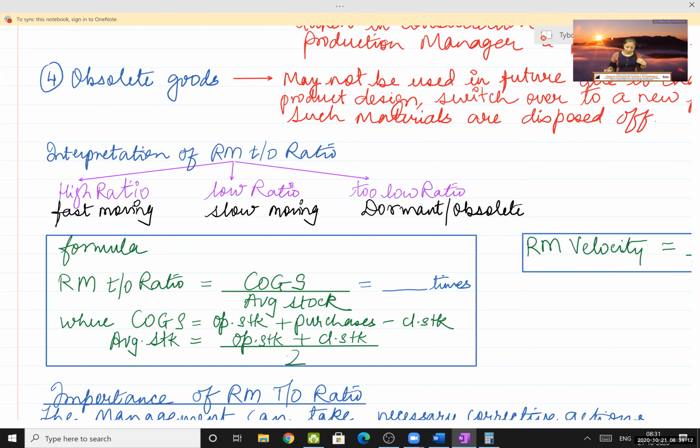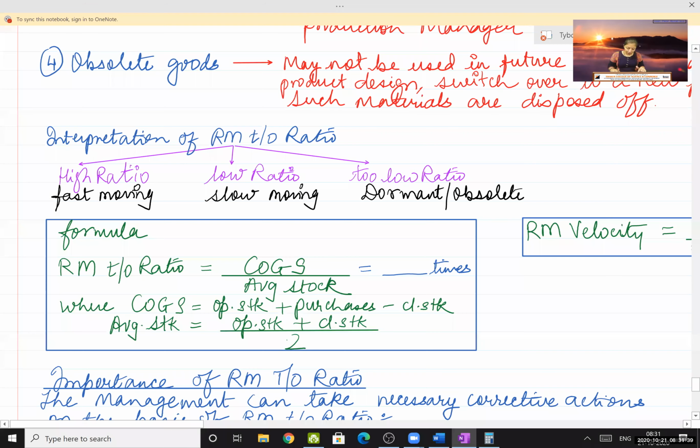But I just told you, I decide this on the basis of velocity. So when we do sums, we will calculate velocity, and on that basis we will say whether it is fast moving, slow moving, dormant or obsolete. I don't look into the ratio and decide. I look into the velocity and I decide.